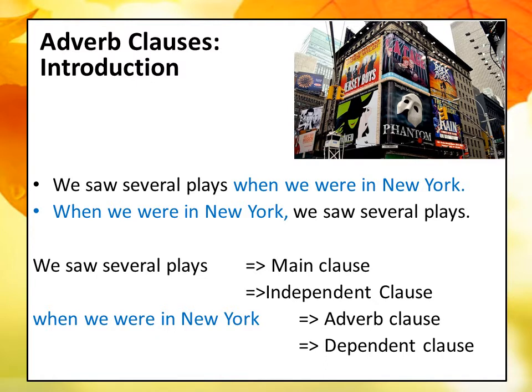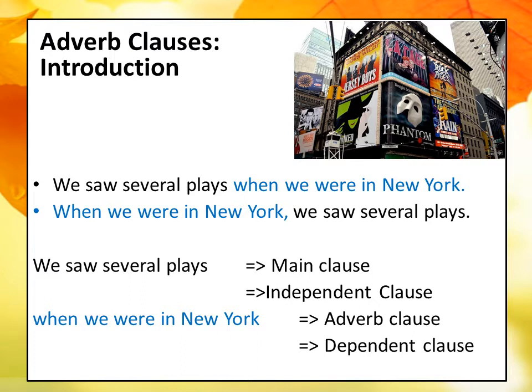Now let's start to learn about adverb clauses. Let us see the first illustration. We saw several plays when we were in New York. Or you can also say, when we were in New York, we saw several plays.